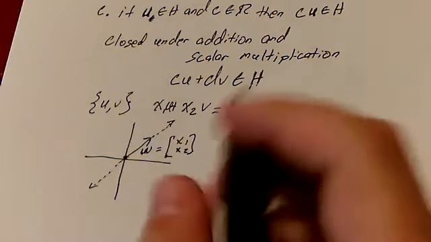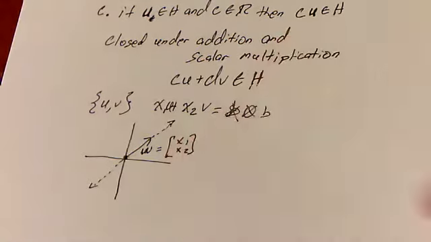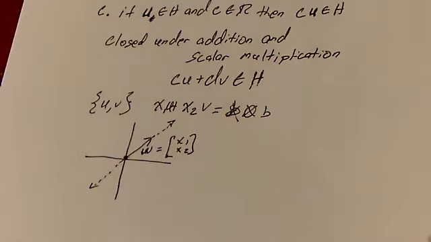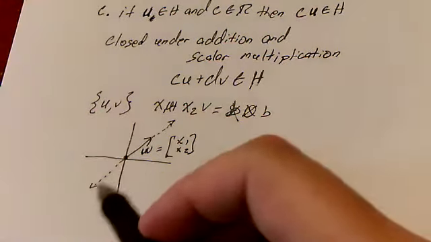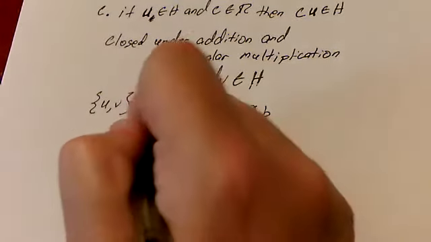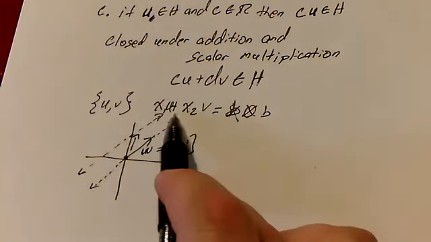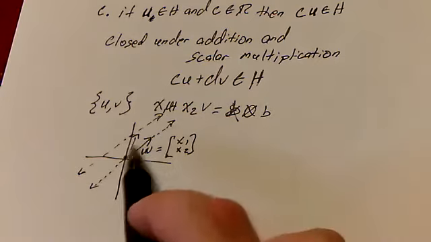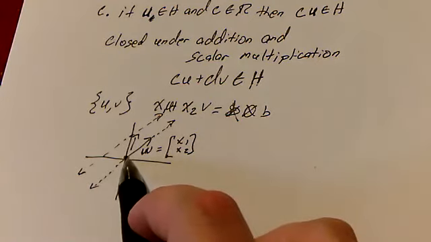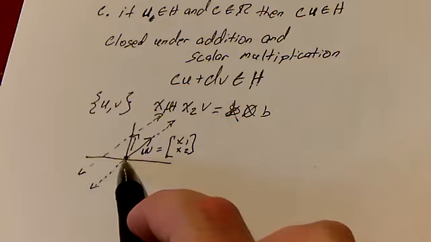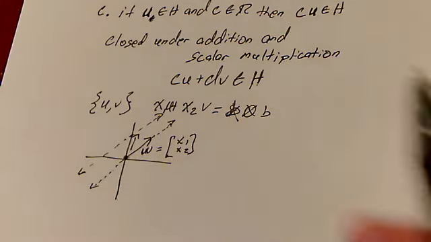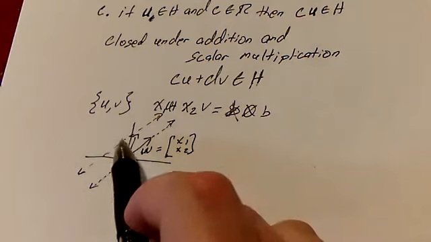But if I look at a non-homogeneous system, like I had before, we know from chapter 1 that the solutions are the same as the homogeneous system, just shifted. Okay, so those solutions to x1u plus x2v equals b do not pass through the origin. Notice the origin is missing here. And so without it being in the origin, for a non-homogeneous system, I'm not guaranteed a subspace.